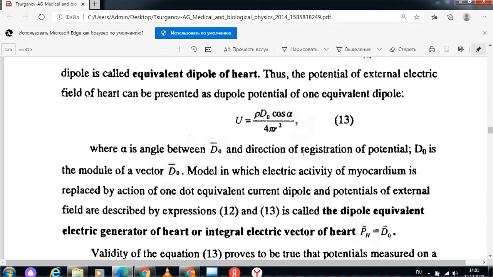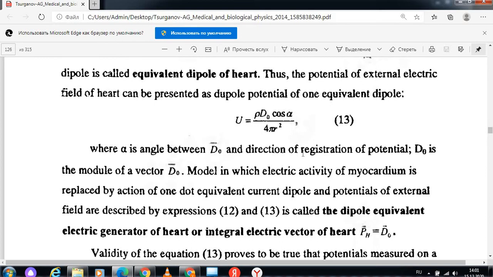They call it the dipole equivalent electric generator of the heart, or the integral electric vector of the heart, pH, or d0.